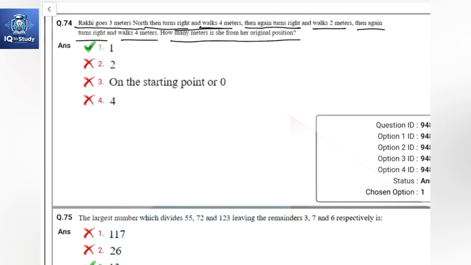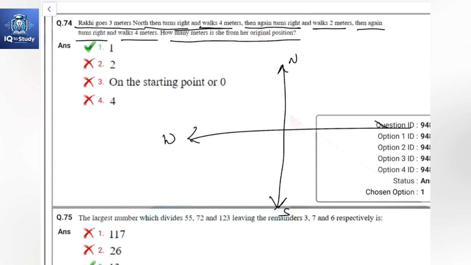Let's draw the directions first. It is north, south, west and east. According to the question, Rakhi goes 3 meters north.